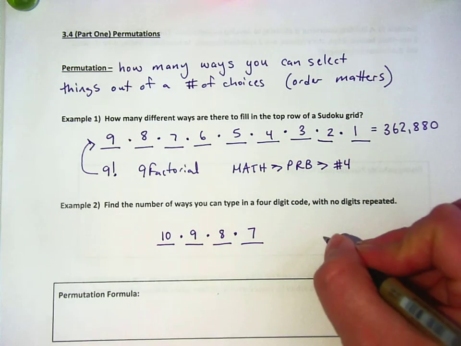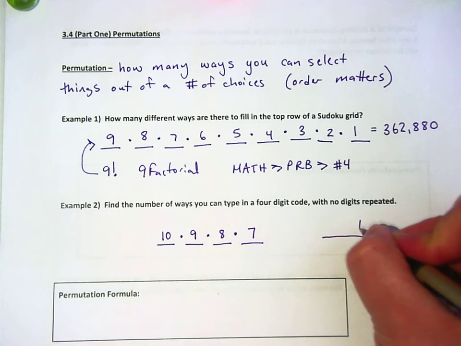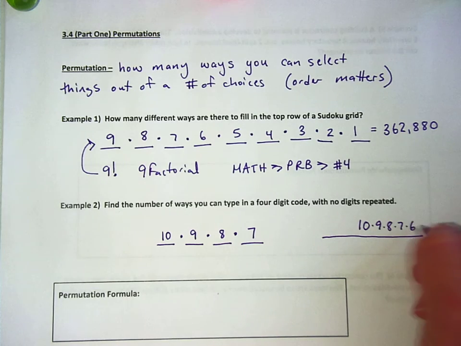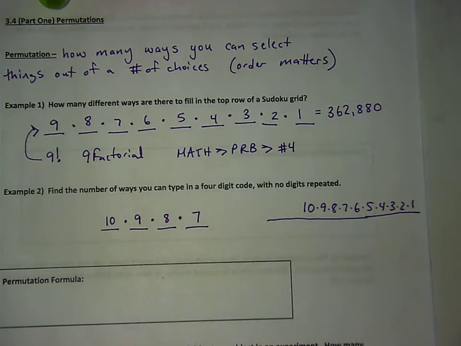Can anybody actually tell me what this would be? We could do 10 factorial on top. Now imagine having 10, 9, 8, 7, 6. Okay. So there's all the stuff on top, but what do I want to get rid of out of here?